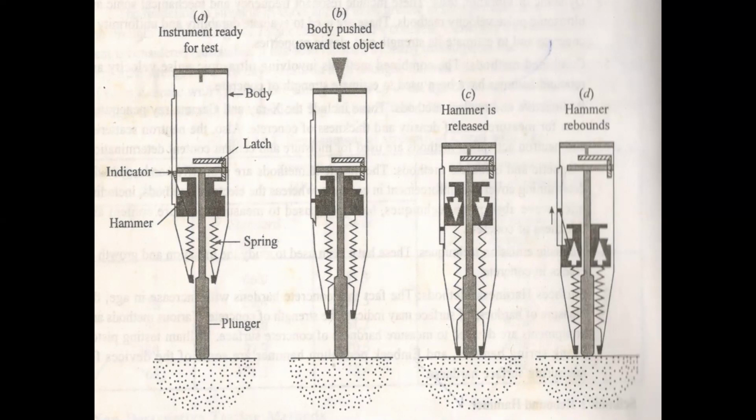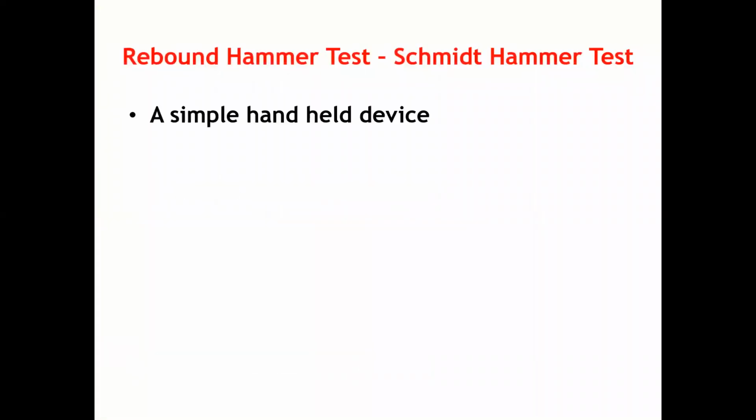Upon release, the mass rebounds from the plunger, still in contact with the concrete surface, and the distance traveled by the mass, expressed as a percentage of the initial extension of the spring, is called the rebound number. This number is indicated by the rider moving along the graduated scale. So this is the basic principle, which is very simple, of how the rebound hammer works.